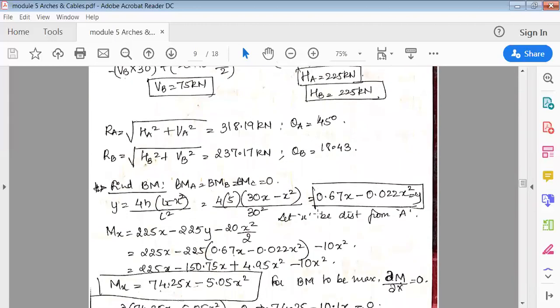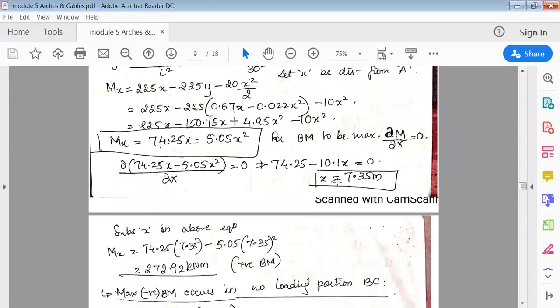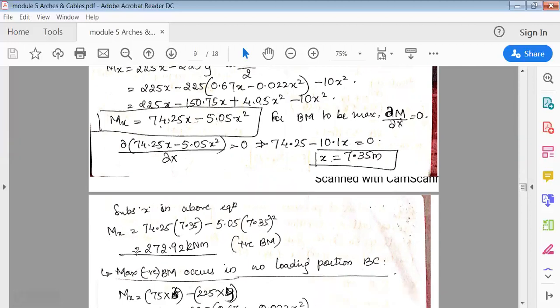Now we know the value of x, so we'll put it back in this equation and check how much is the maximum positive bending moment. So Mx is equal to, in the same equation, instead of x put this value, 5.05 right here, and 7.35 square. So now we'll get the maximum bending moment, that is positive.